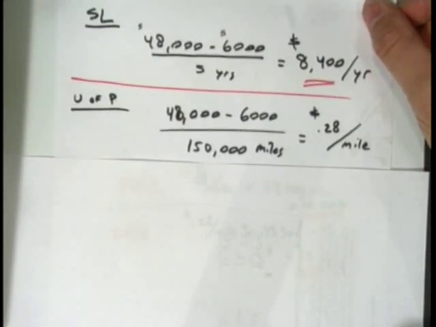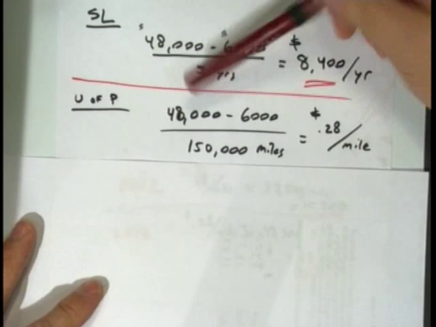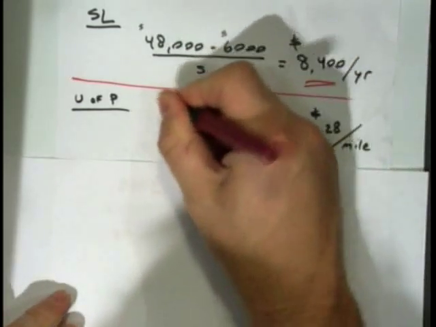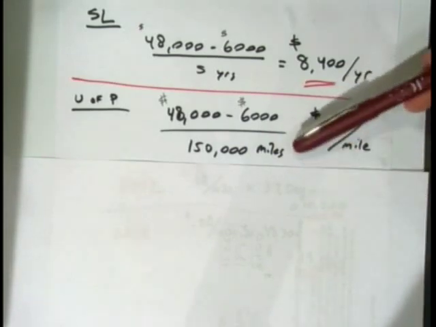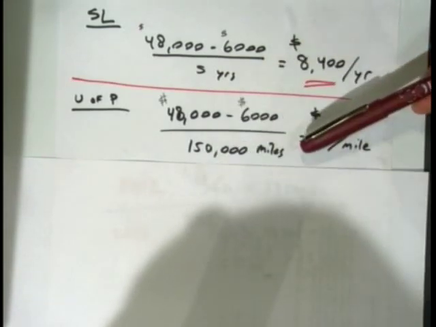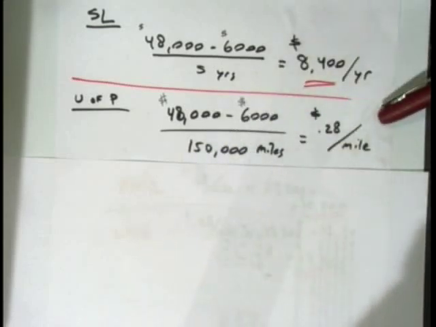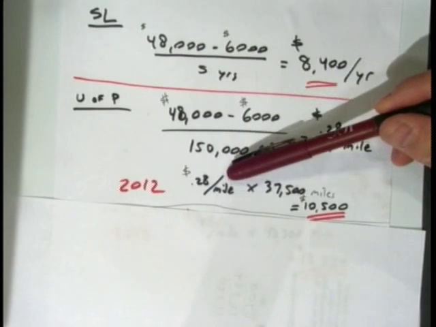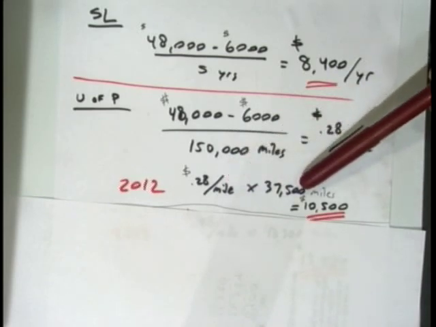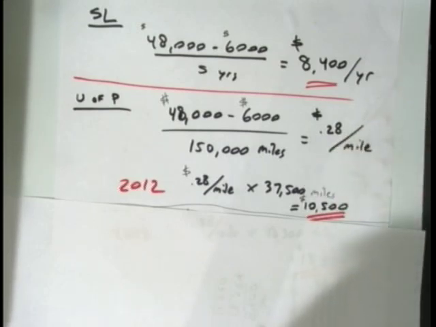Well, the first thing that we do is we take our cost of $48,000 minus our estimated salvage value of $6,000 divided by the total amount of production we think we're going to get out of this asset, which in this case is 150,000 miles. That gives us 28 cents per mile. Well, in 2012, we're going to take that 28 cents per mile times the number of miles that we drove, which was 37,500, and we'll depreciate $10,500.